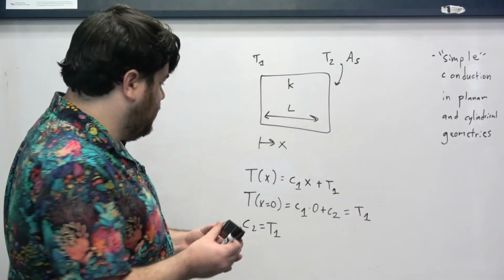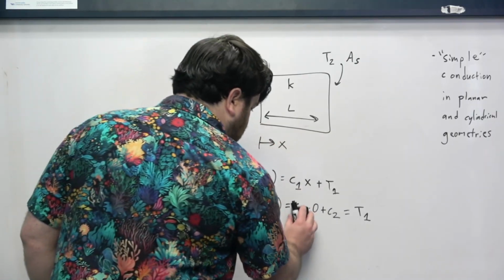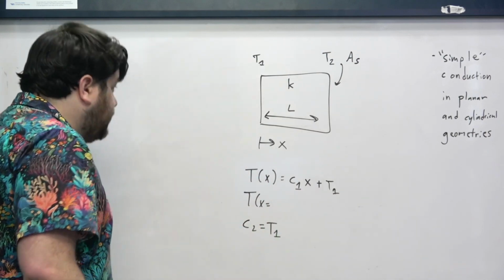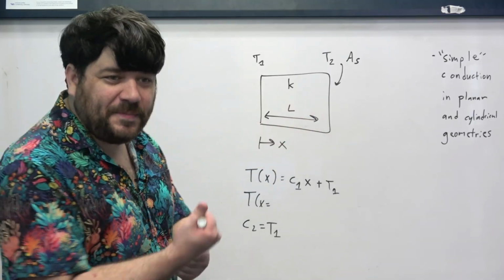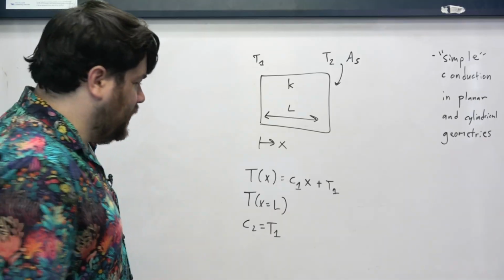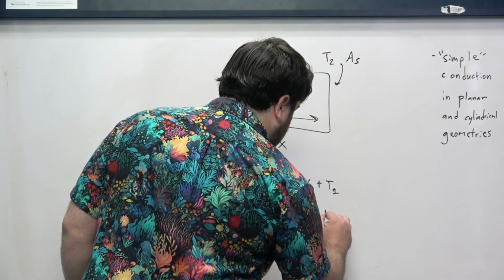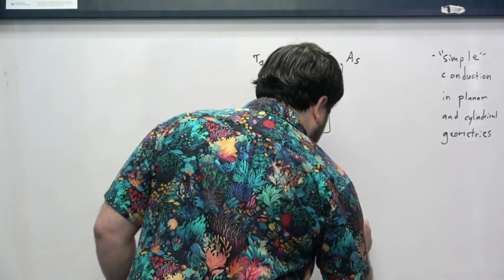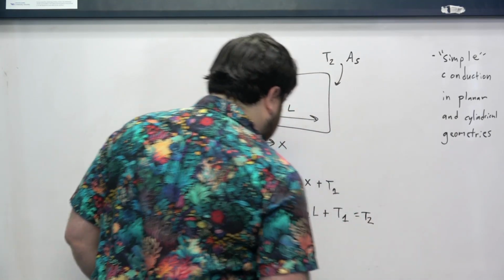Now we can ask ourselves, okay, how do we find C1? What we can do is replace the boundary condition that we used on the left side with a boundary condition on the right side. All right, so we can say that at x equals L, on the right side of this wall, C1 times L plus, and I'm just going to write the T1 because we already know that that's T1, has to be equal to T2.